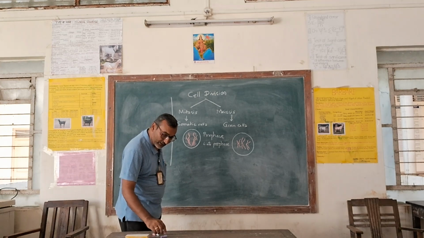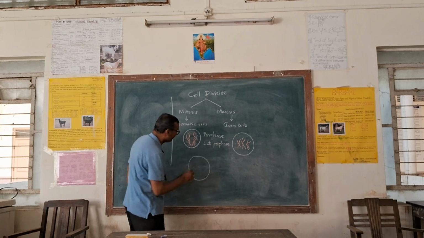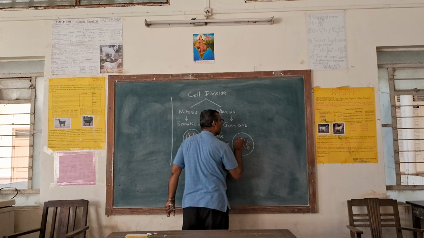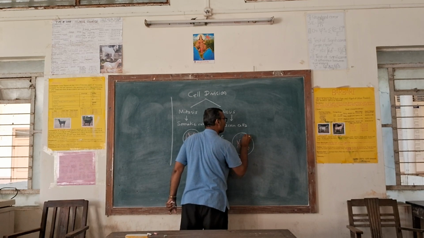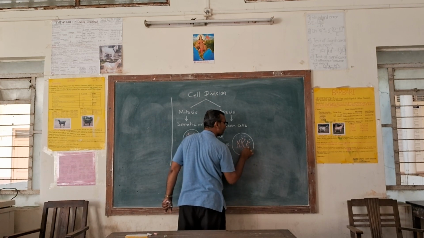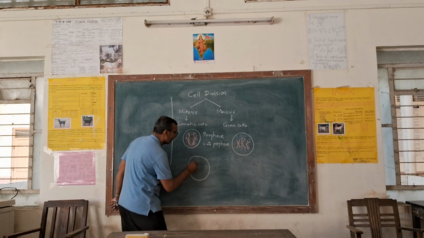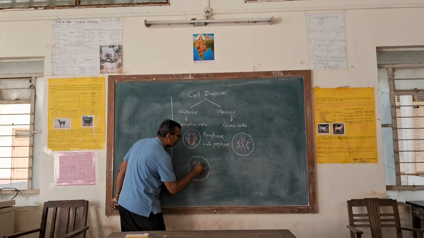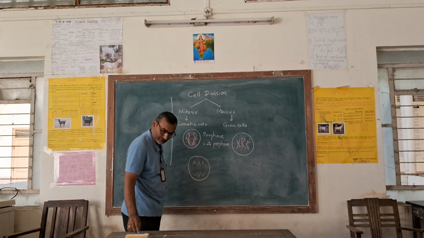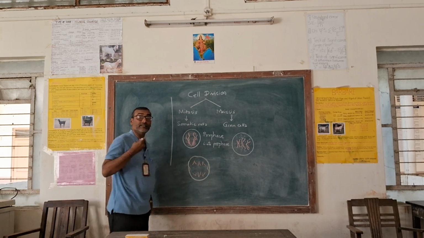And then in the anaphase, in the late metaphase, the spindle formation pulls these chromosomes towards the poles, and the furrow formation is there in the late anaphase.